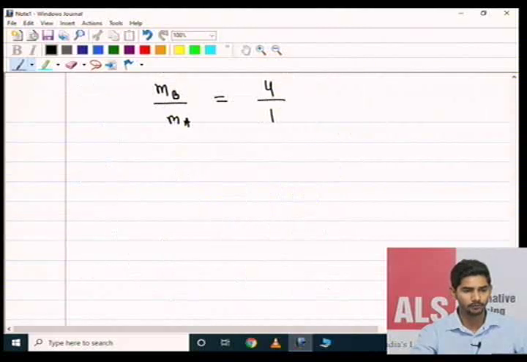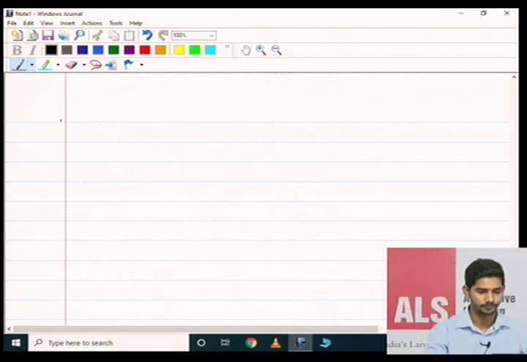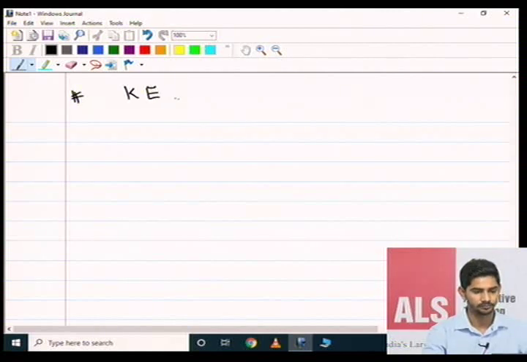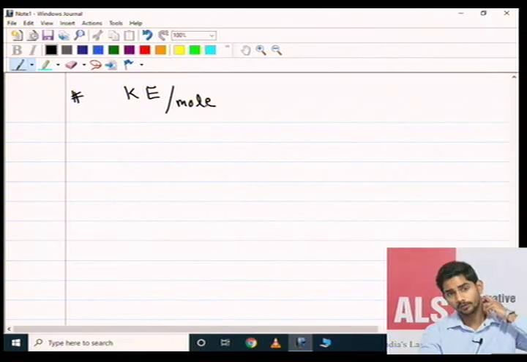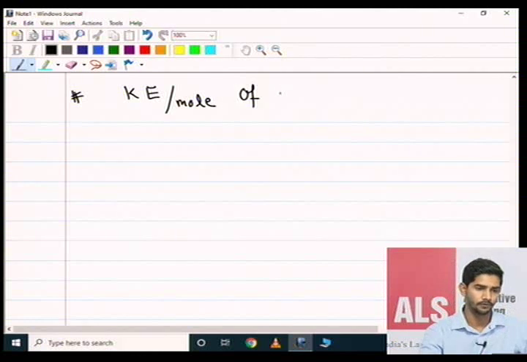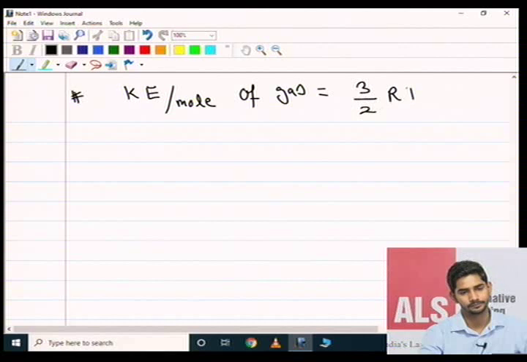A few more important formulas. Kinetic energy per mole, meaning kinetic energy for 1 mole of gas, is equal to 3 by 2 RT. Guys, we need not learn the whole derivation for such formulas.